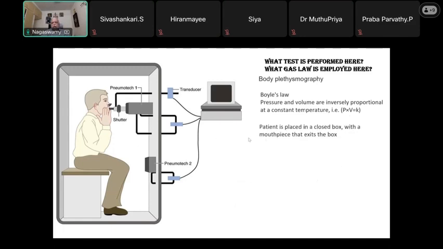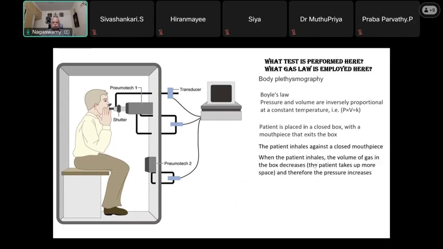So how is it utilized here? The patient is placed in a closed box with a mouthpiece. So here is the mouthpiece. You can see the patient's nostrils are closed with a clip, and he has to blow through that. There is a connector taking to the machine outside. The patient inhales against a closed mouthpiece. When the patient inhales, the volume of gas in the box decreases as the patient takes up more space.